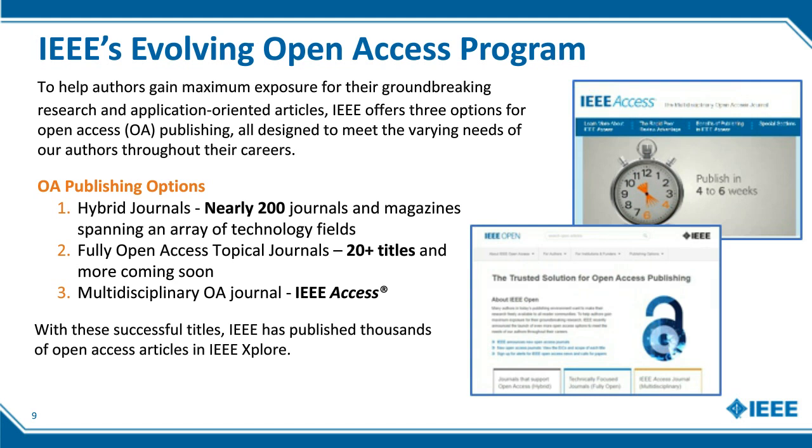A little later on today, Andrew Popper is going to take you through all these options, but we now have nearly 200 journals and magazines spanning an array of technology fields. In terms of fully open access topical journals, we have now more than 20 of them, and we have a multidisciplinary open access journal called IEEE Access, which has published thousands of articles and is the largest engineering and computing open access title in the field.